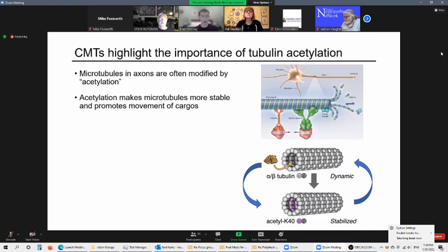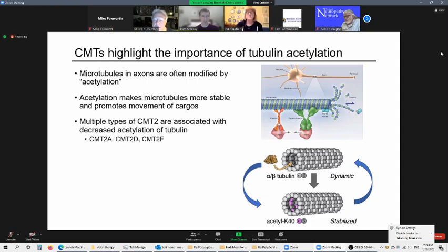So I mentioned these microtubules that are these tracks that things move on. And so microtubules can get modified a number of different ways to make them work better, to make them more stable or less stable. And one of these modifications is called acetylation, and it makes the microtubules work better in neurons.